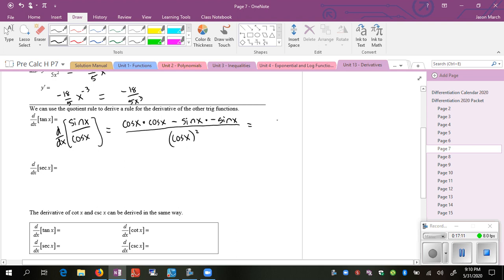The interesting thing that happens here is that cosine times cosine is cosine squared x. Negative sine times negative sine is positive sine squared x, all over cosine squared x.